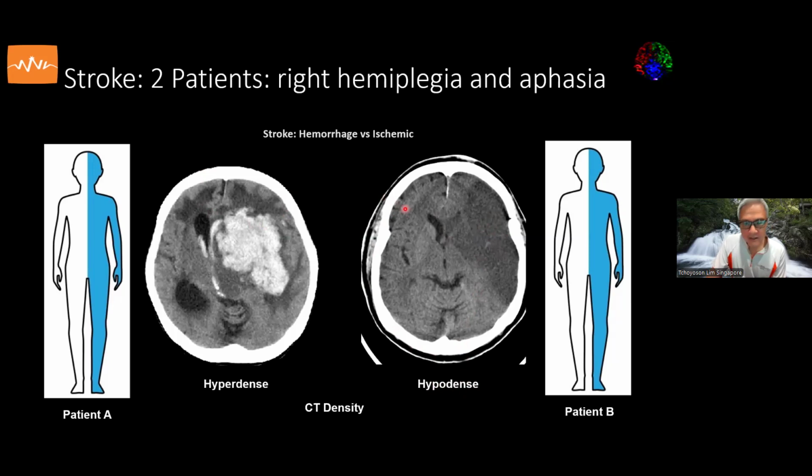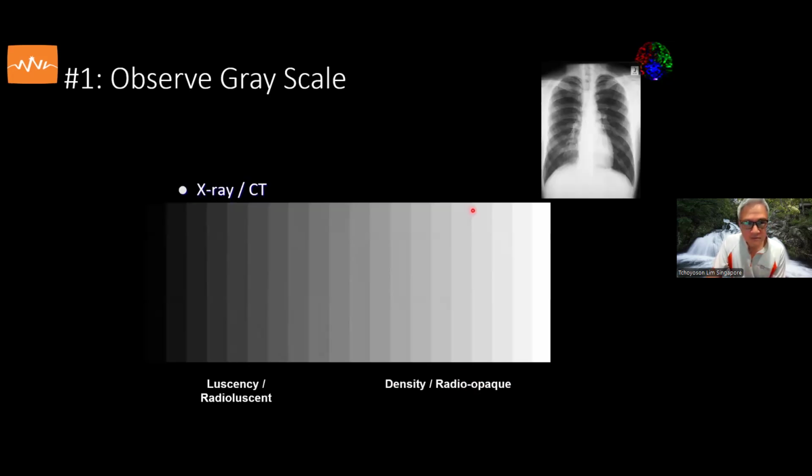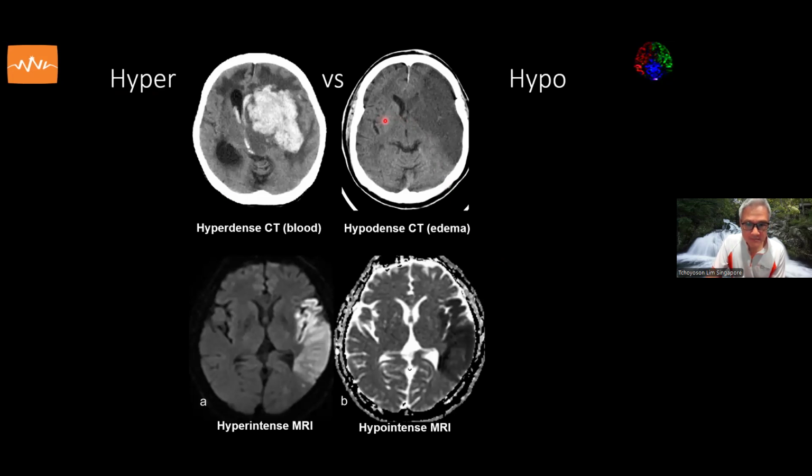So the grayscale allows us to observe the abnormalities. So the first step is to look for the contrast between radiolucent and radioopaque, or on CT, hypodense and hyperdense.